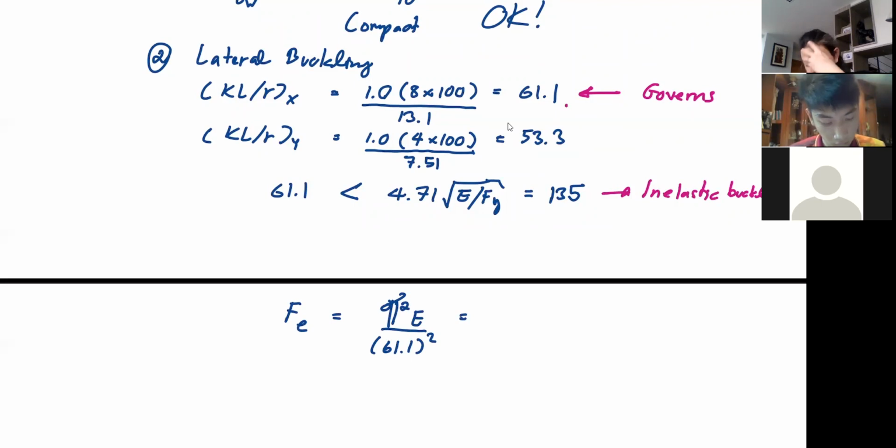And this is 5,390 approximately kilogram per square centimeter. Wow, when you see the number for the first time, is this correct? Is that possible? The number of Fe, the elastic buckling stress, is so high, way higher than your yield stress, right?